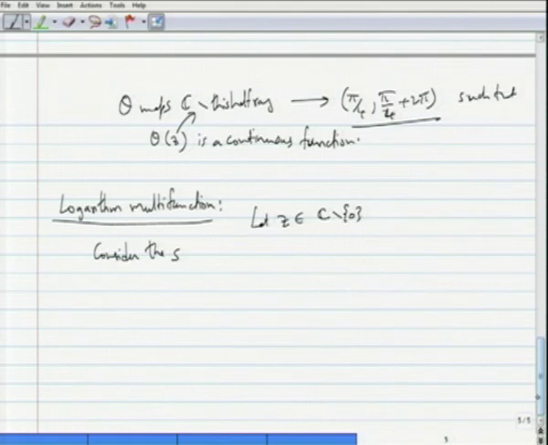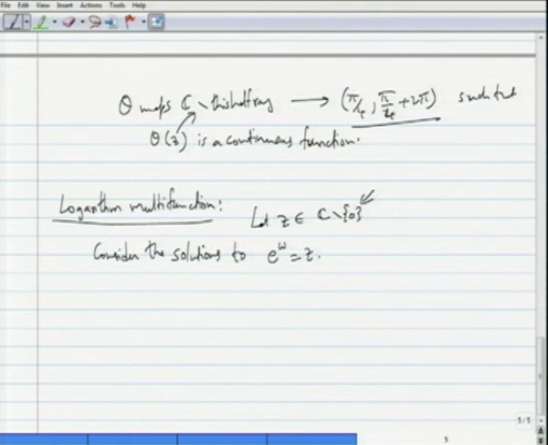Consider the solutions to z equals e power w, or e power w equals z. We know that e power w never takes the value 0, that is why we omitted 0. So, we are interested in all such w which give us e power w equals z.